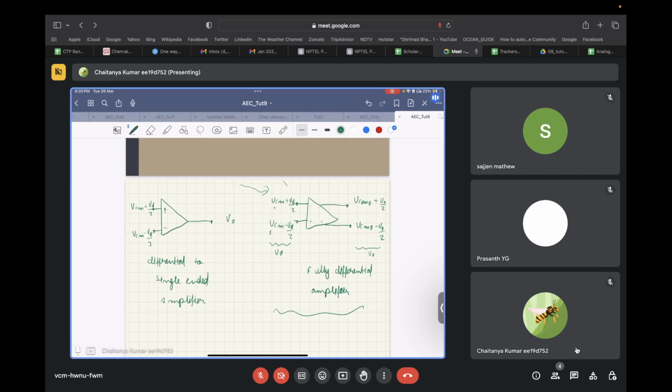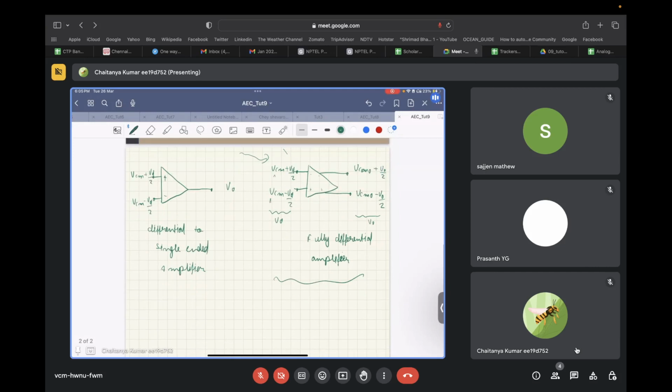And since the signal lines are very close by in the chip, the external disturbance will affect both the signal lines in a similar way. And since you are taking the difference as the signal, that effect will be cancelled.